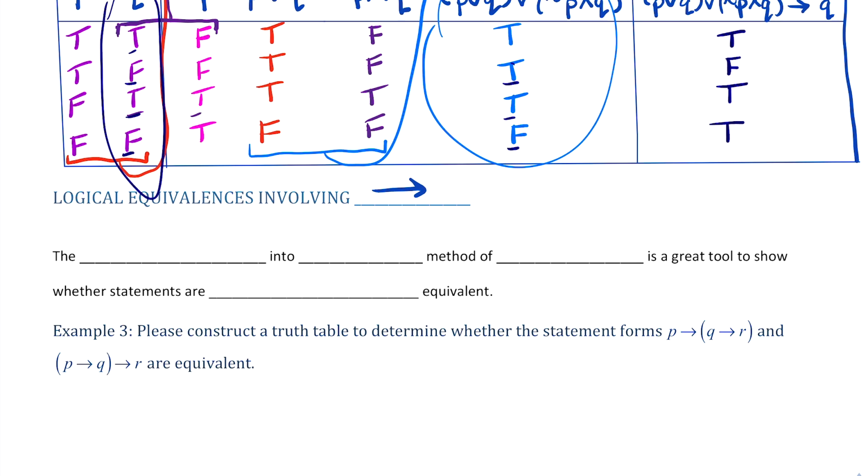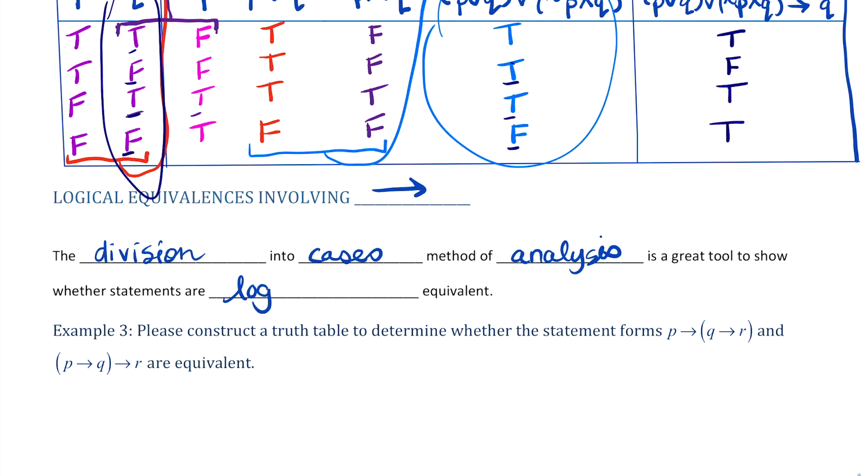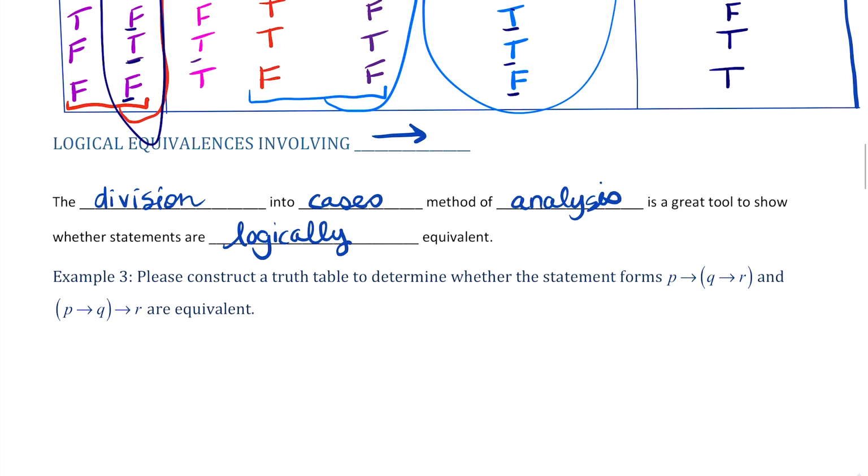All right, so logical equivalence involving this then symbol. The division into cases method of analysis is a great tool to show whether statements are logically equivalent. We kind of started doing this with these truth tables.